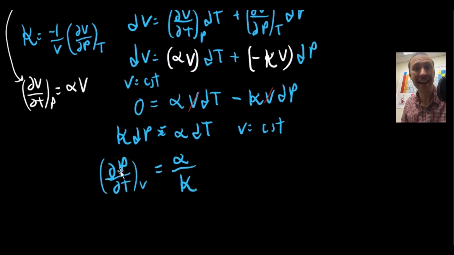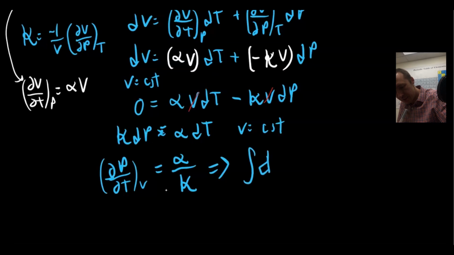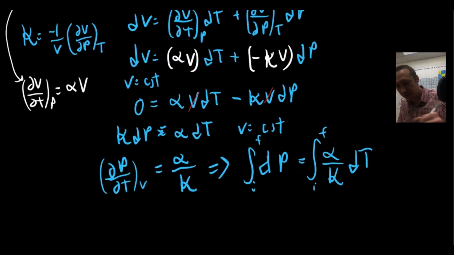Now we can see how the change in pressure is related to the change in temperature at constant volume, alpha over kappa. So we can rearrange this and integrate: dP equals alpha over kappa dT, from our initial to final state.